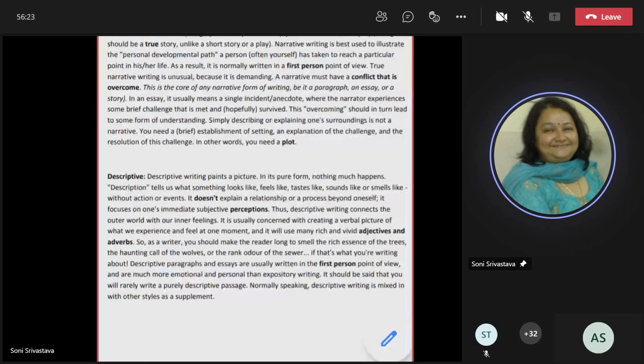Then you have persuasive writing. In persuasive writing, it is generally argumentative, or getting your point across, or convincing the reader that whatever you have written is right. And this is mainly included in non-fictions, letters of recommendation, speeches, and all that.